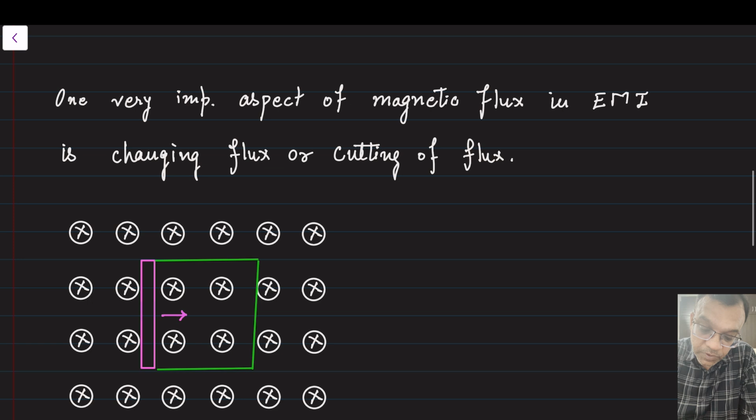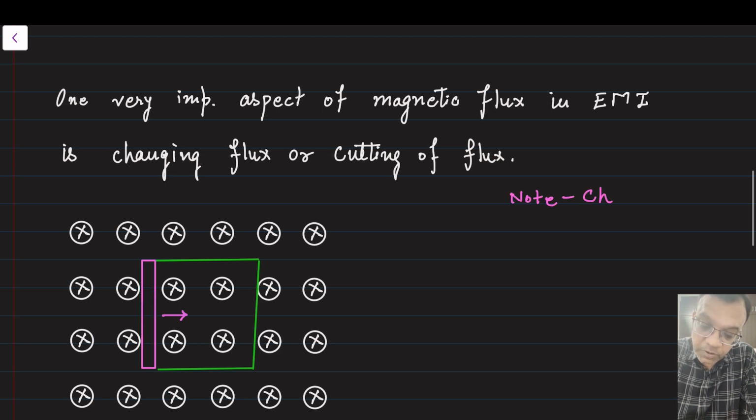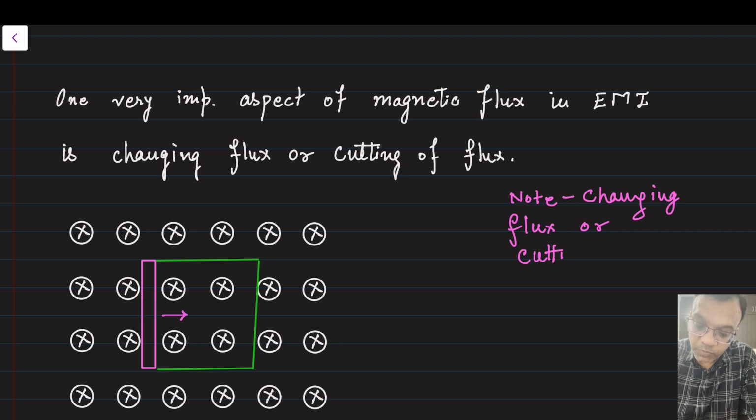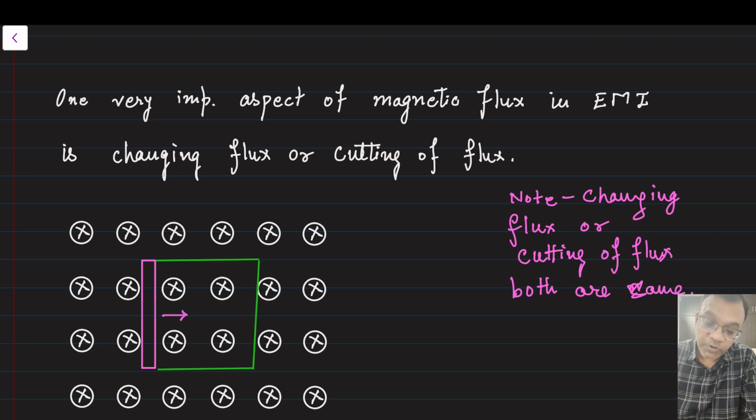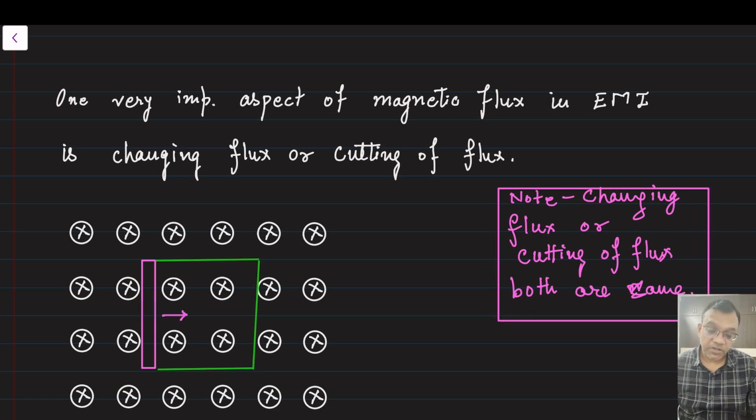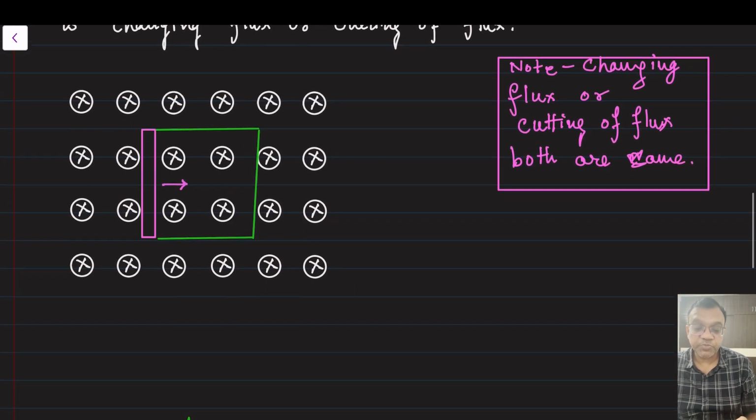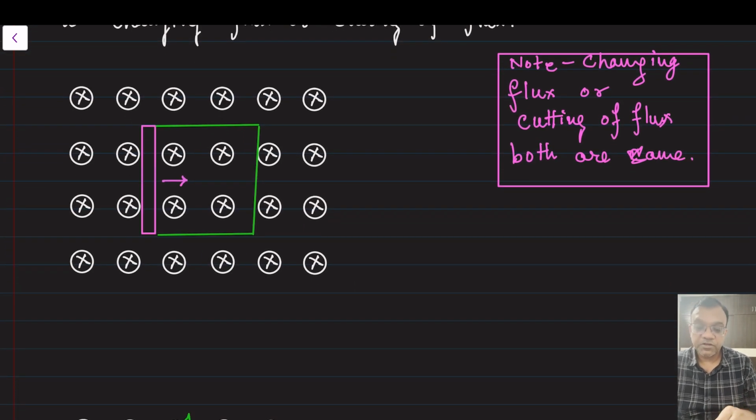Varying flux or changing flux or cutting of flux, all mean the same. This is an important point. It will help you in understanding this, right?